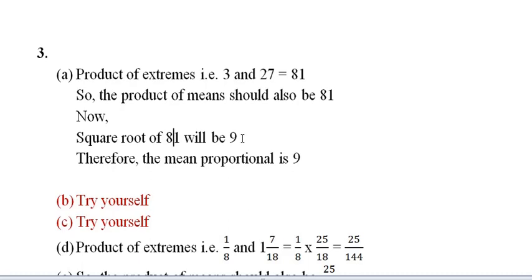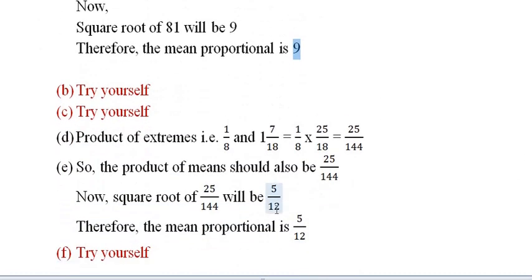Now how do we get 25? 5 into 5 is equal to 25. So the square root of 25 is 5. Similarly, when 9 is multiplied with 9, we get 81. So 9 is the square root of 81. So the mean proportional will be 9. Just write the square root of that particular number, that is 81.